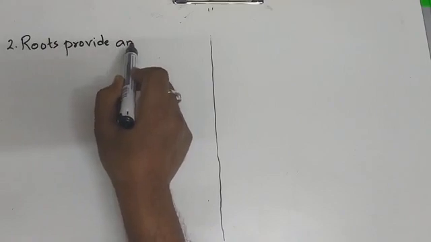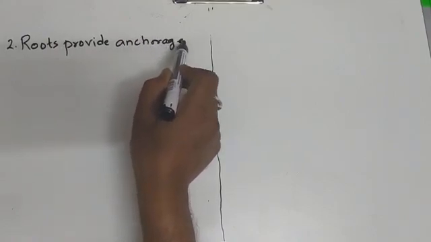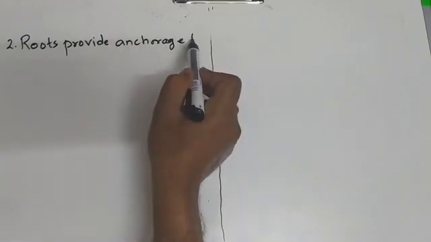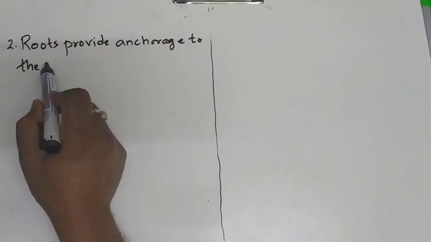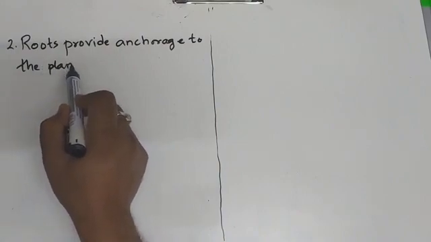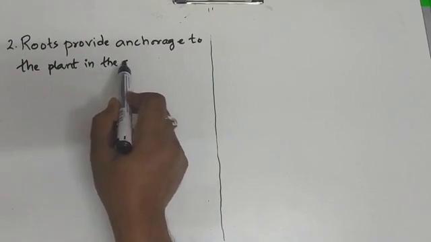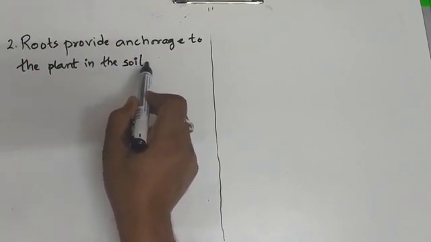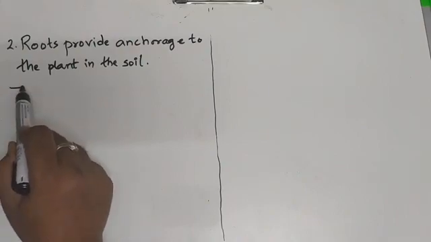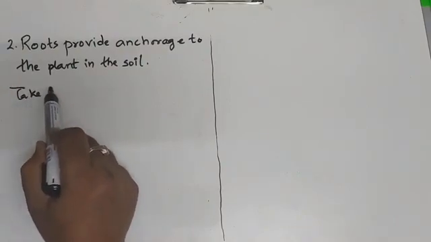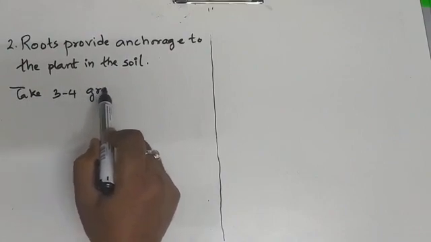Roots provide anchorage to the plant in the soil. How to prove it? Take 3 to 4 gram seeds.